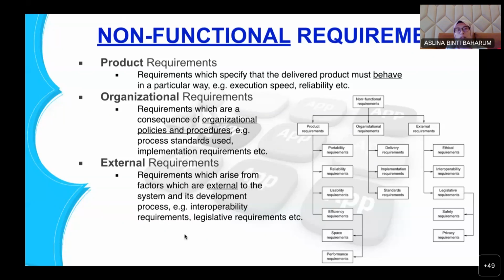So remember, non-functional requirements can be product, organizational, and also external.